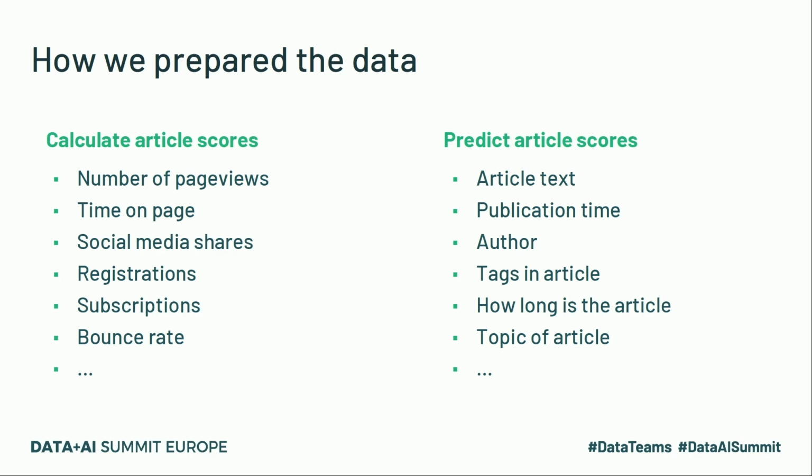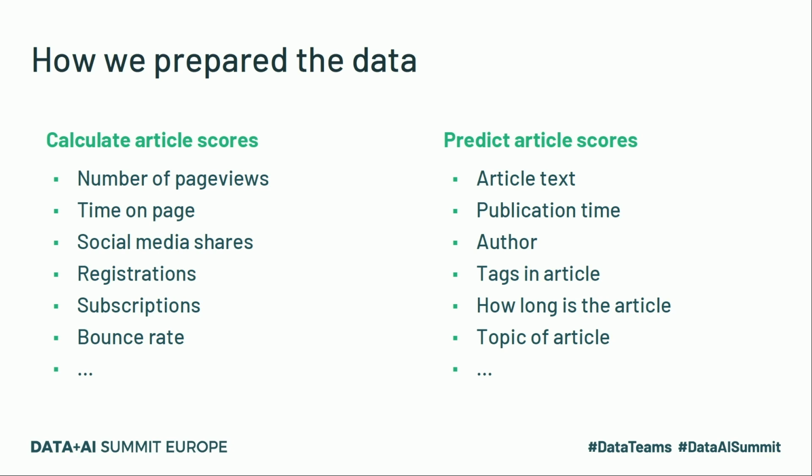For the prediction of the article scores, we are not using the page view data, so we don't use any historical data on other articles. Here we only use data from the content management system. So we use data such as the article text itself, what was the time of publication for a certain article, who is the author of this article, are there multiple authors, are there any tags, and if there are, what are the tags in this article?